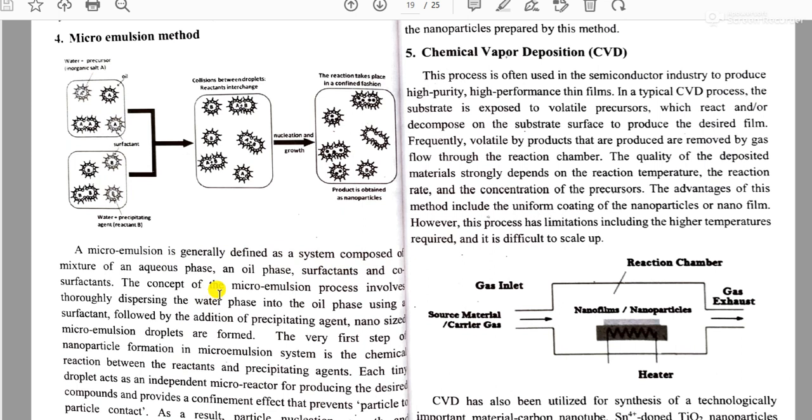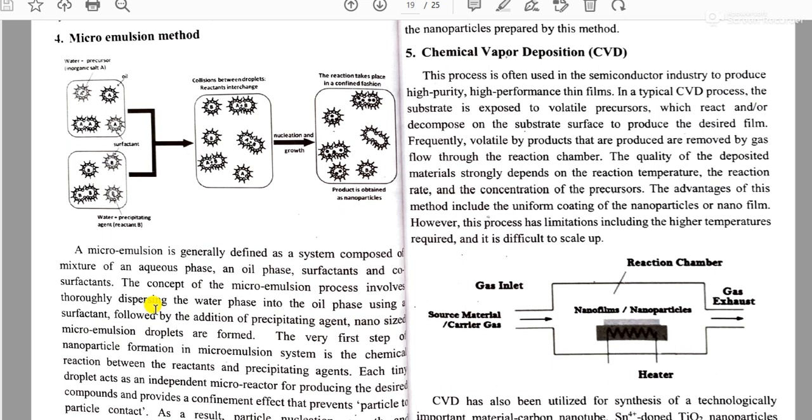So the concept of the microemulsion process involves thoroughly dispersing the water phase into the oil phase using a surfactant, followed by the addition of precipitating agent. Nano-sized microemulsion droplets are formed.